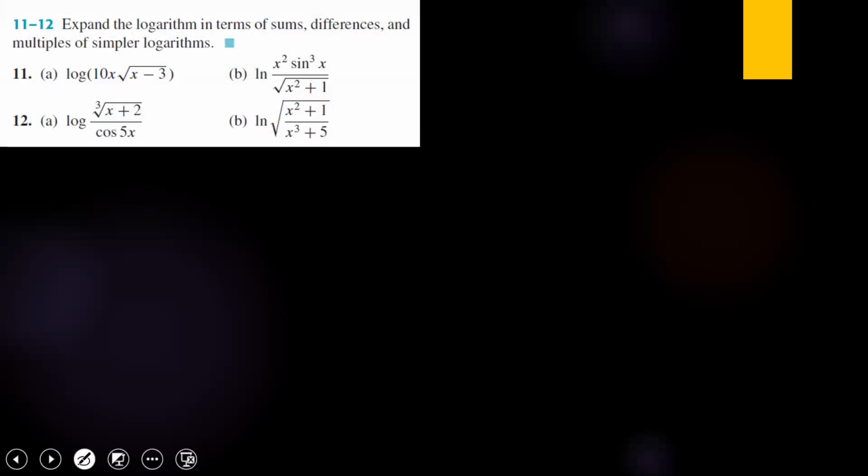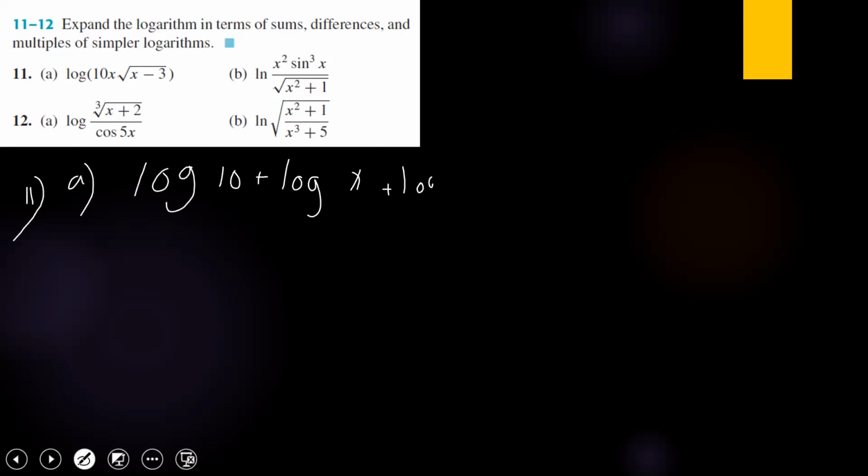Now expand the logarithm in terms of sums, differences, and multiples of simpler logarithms. Here we have to expand. They are single. I want to expand them. Let's solve A. Logarithm of 10 times x times square root of x minus 3. It is log of 10 plus log of x plus log of square root of x minus 3.